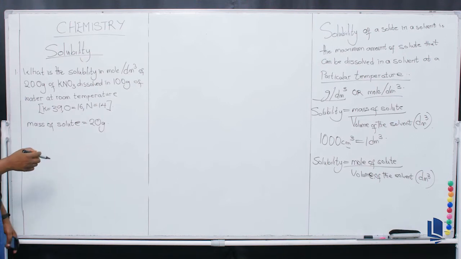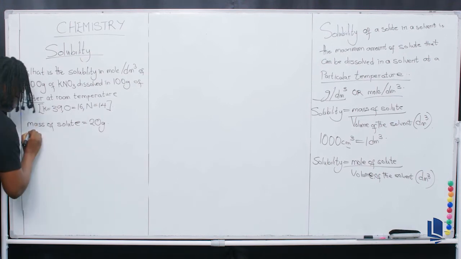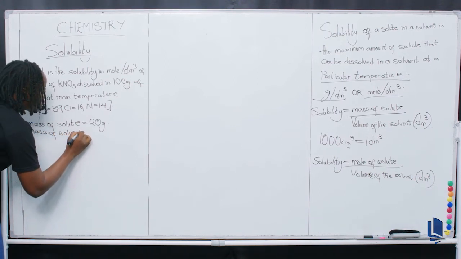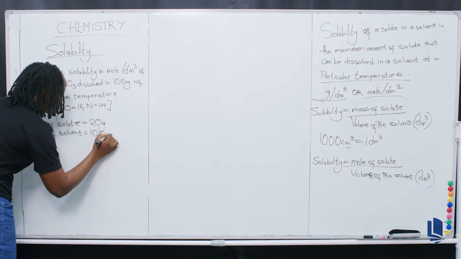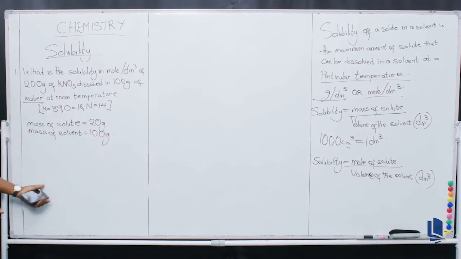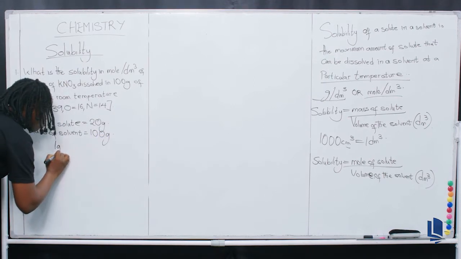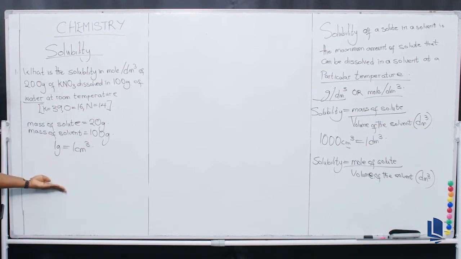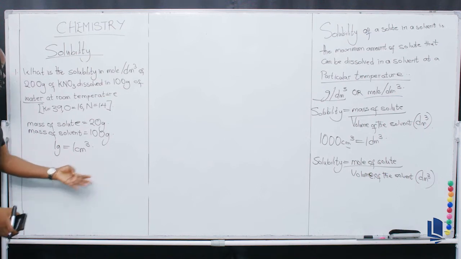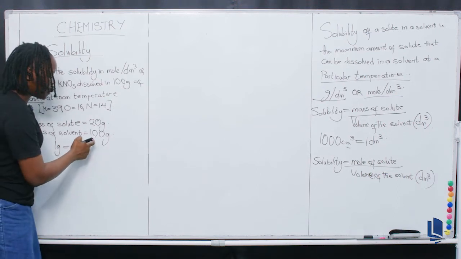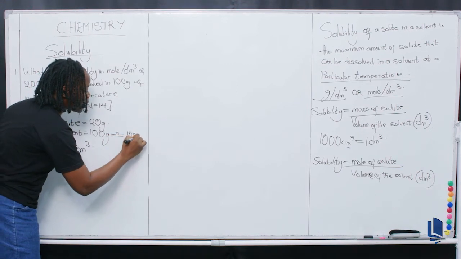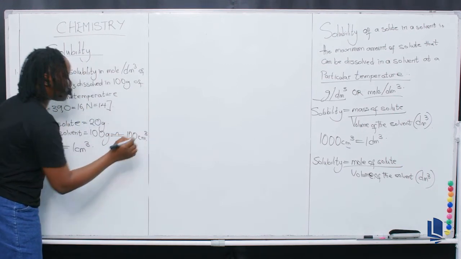From the question, we know that our solvent is water. So mass of solvent, because we are given in gram, is 100. But we are familiar with 1 gram of water being equal to 1 cm cube of water. So I can as well write this 100 gram as 100 cm cube.